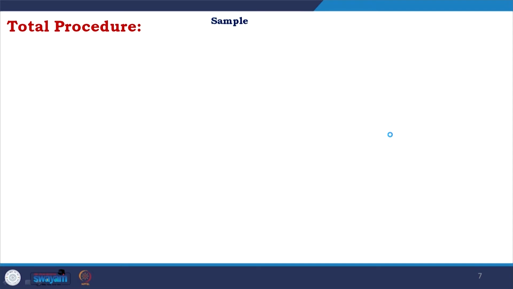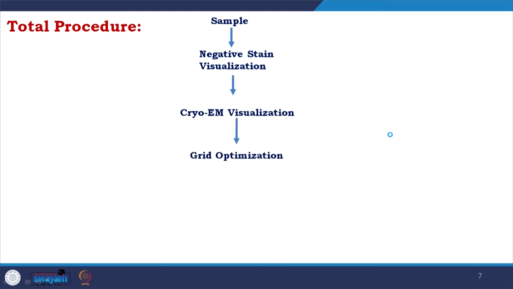First, you have a sample, then you have to stain the sample with a negative stain for visualization. So, you take the sample, you do the negative stain and you visualize it. Then you go for cryo-EM visualization. You optimize the grid. Grid is the platform, we will talk about it, where you will put your sample.